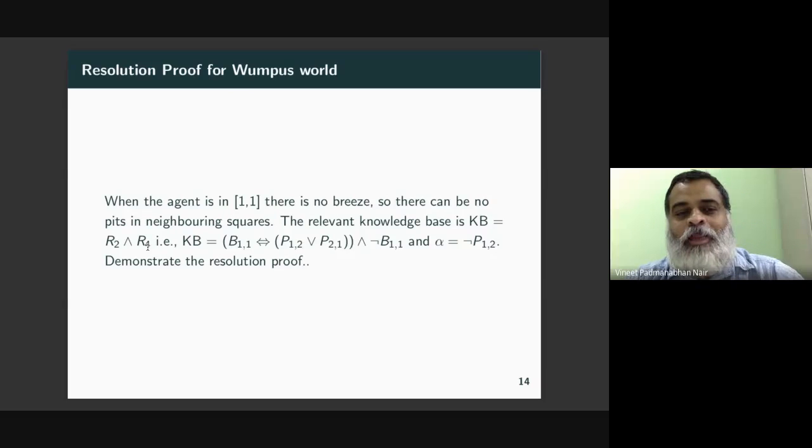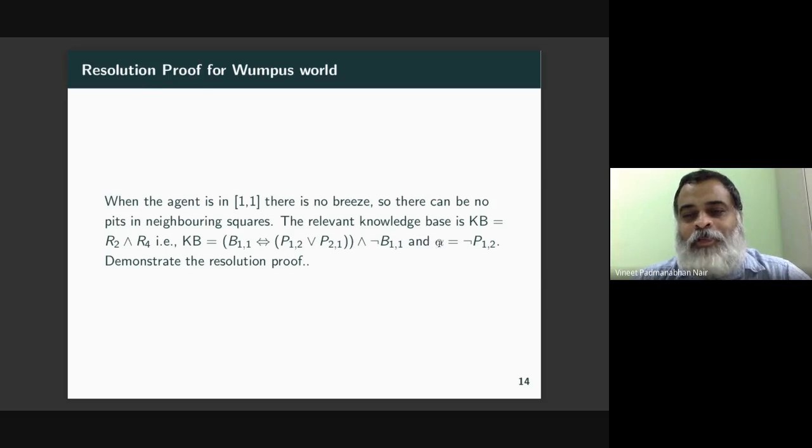R1, R2, R3, R4, R5 I had written. So I am pulling out only two important things which I need to solve this problem, that is R2 and R4, and I have given it here. R2 is B11 if and only if P12 or P21, and not B11 is R4.